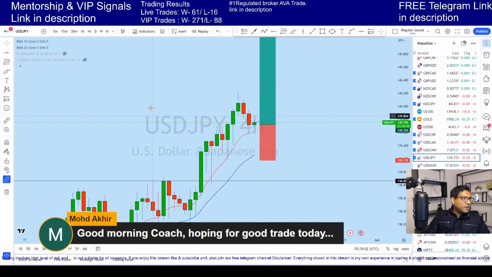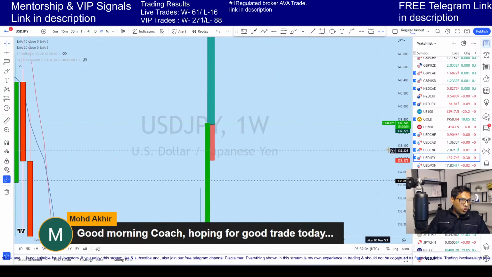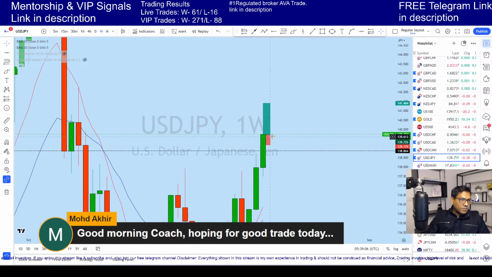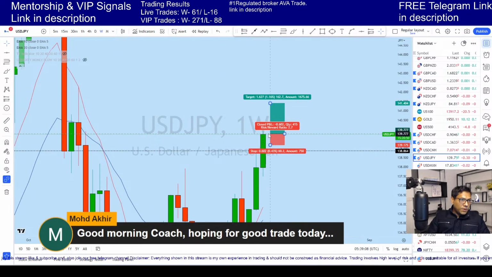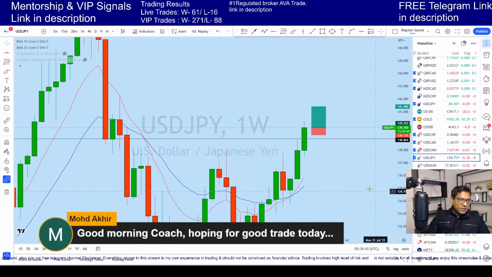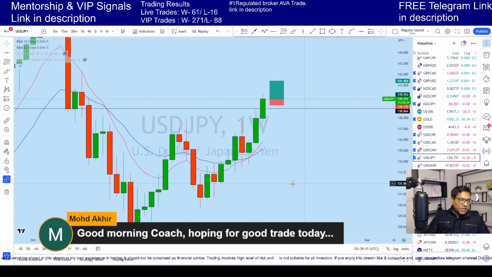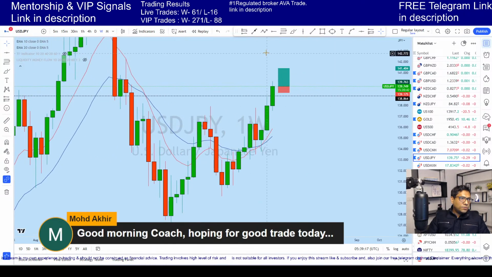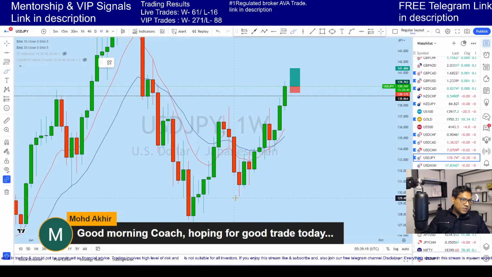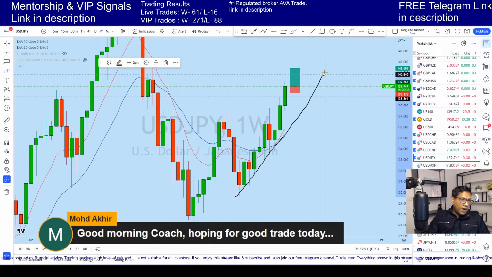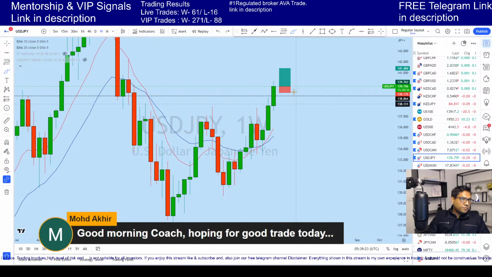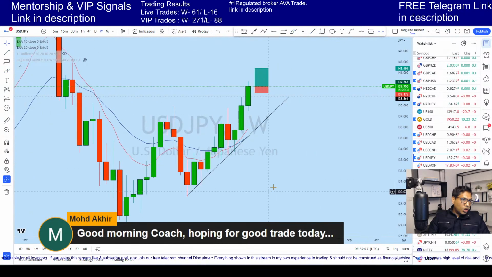Now if I look at the weekly time frame on dollar yen, this is a significantly bullish market. Dollar yen, as I mentioned earlier, is a long-term bull market. With this long-term bullish market, dollar yen is creating a series of higher lows along this level. This is the support zone on dollar yen.